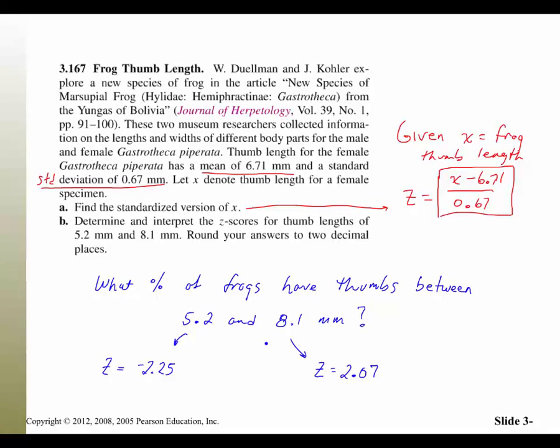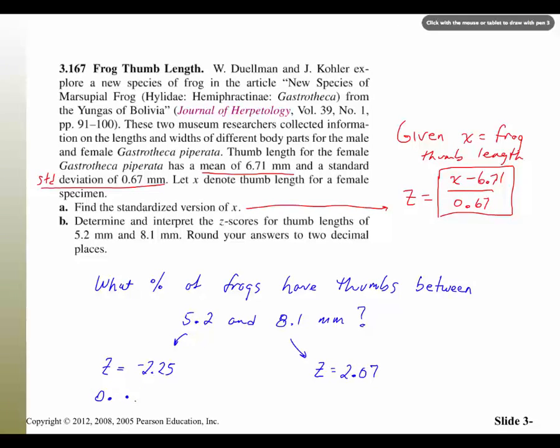What's the area to the left of negative 2.25 according to the chart? Anyone got it? 0.0122 is what I'm hearing. I said it and I wrote something different.